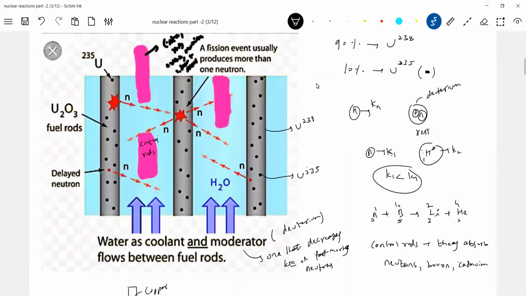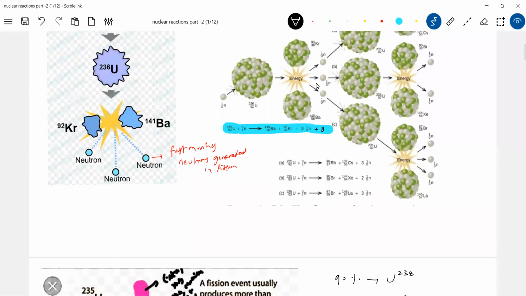Go back here. These neutrons which are emitted, can you ensure they will have this much kinetic energy?